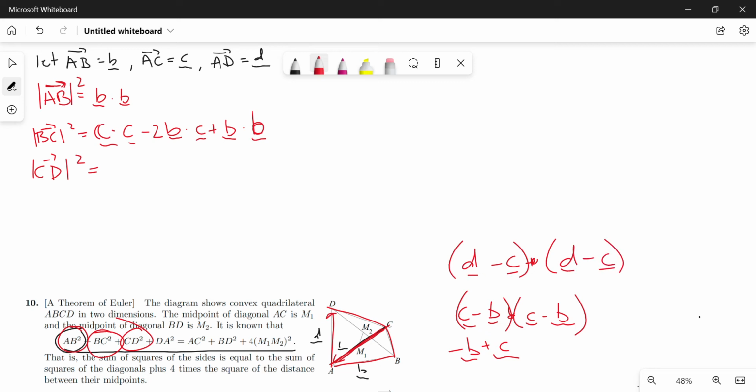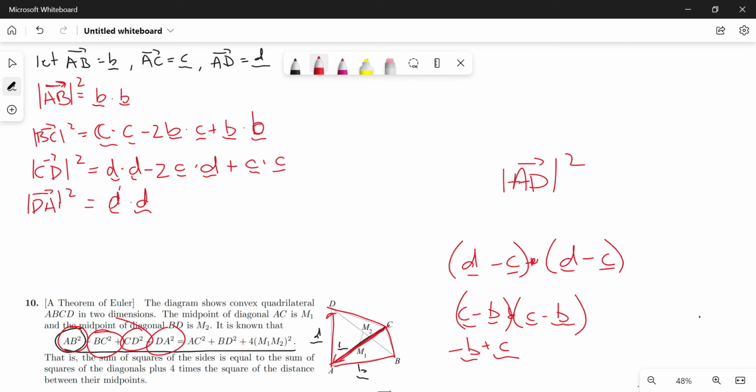So again, we're going to get D dot D minus 2 C dot D plus C dot C. Alright, what's the next one? Does it ever end? No. Vector DA all squared. A to D is the same as AD, because this is just magnitude squared, and we know that's D, so it's D dot D.